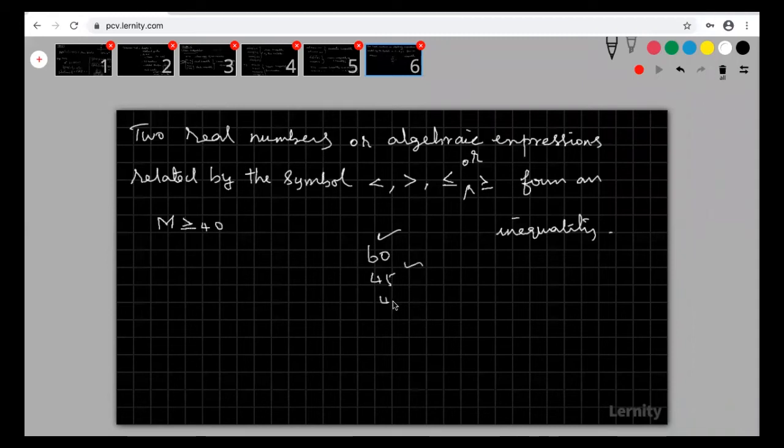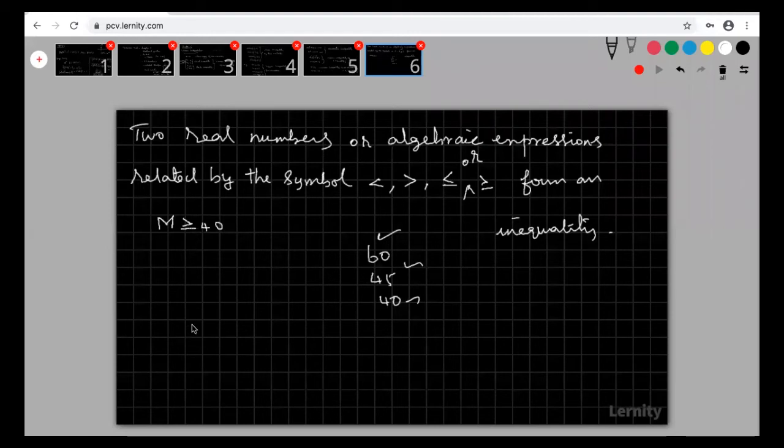And one student got exactly 40, this student also passed. So I am fixing my pass mark as greater than or equal to 40. That is, the minimum mark is 40. Are you clear? Are you understanding?